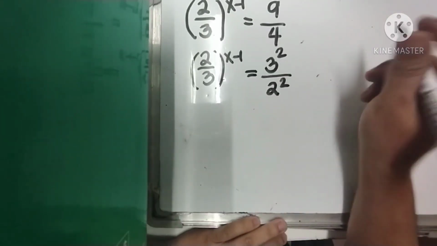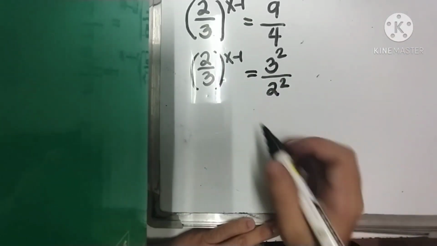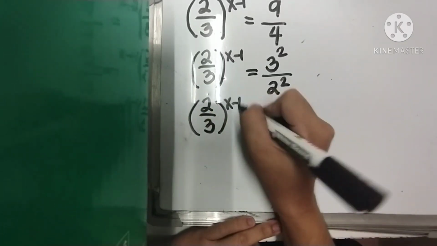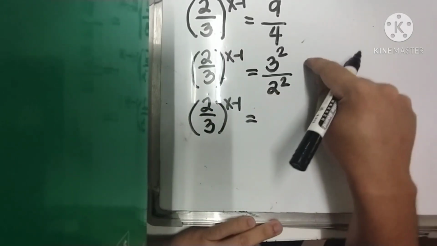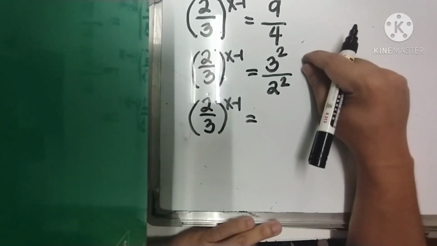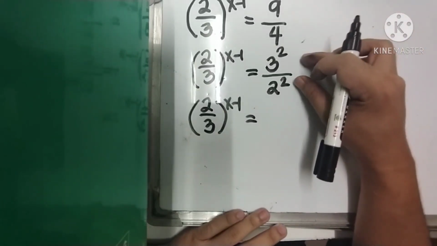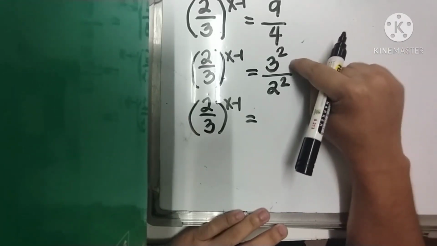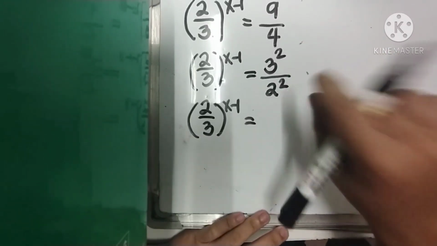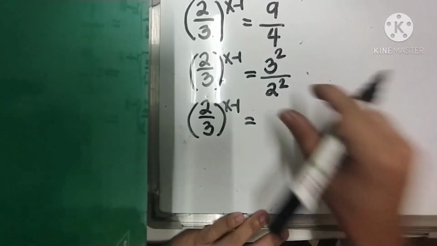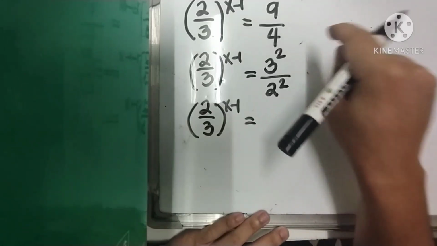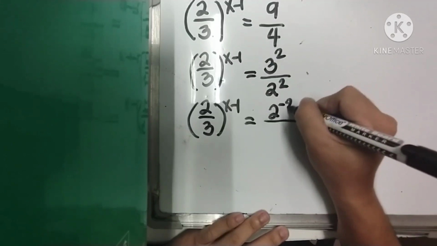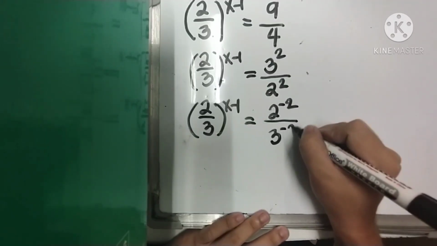Next to this one, rewrite 2/3 to the power of x minus 1. Then, get the reciprocal of this fraction. When we get the reciprocal, the denominator becomes the numerator, and the numerator becomes the denominator, and the sign of their exponent will change from positive to negative. So this will become 2 to the power of negative 2 and 3 to the power of negative 2.